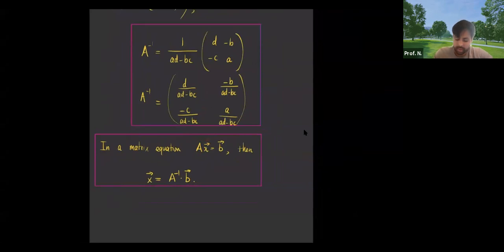We left multiply the inverse with the column vector B on the right, and we're able to find the solution to the system.